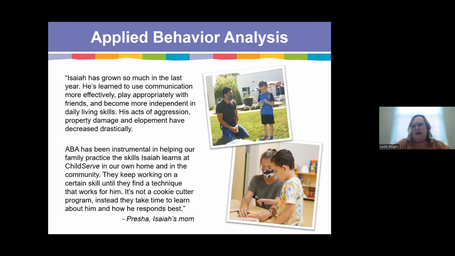I think it makes it more personal so you can see how the service might relate and what they worked on. This quote says, Isaiah has grown so much in the last year. He's learned to communicate, play, make friends, be more independent. They saw some reduction of challenging behavior, and ABA was so instrumental in helping this family practice the skills he has learned here. And that's helped at home and in the community.